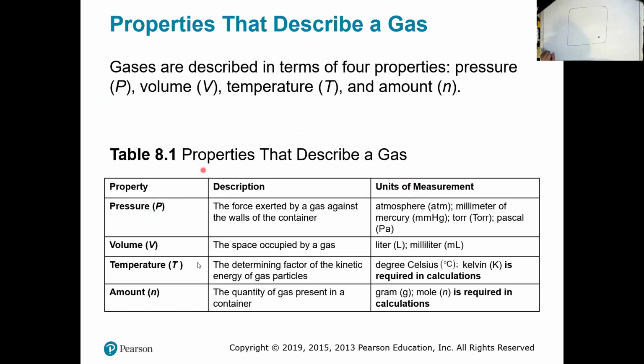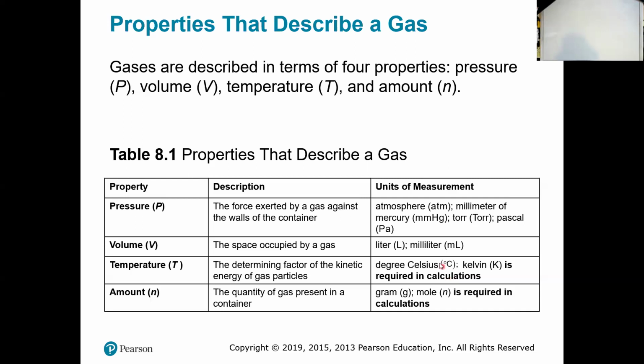This is just a little summary of the properties that we're using to describe gases. And you'll see that some of these properties have units of measurement that are specifically associated with them. This is a good summary to remind you what units we should use when we are doing our gas calculations.